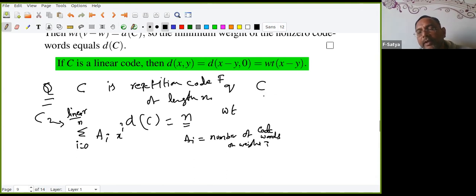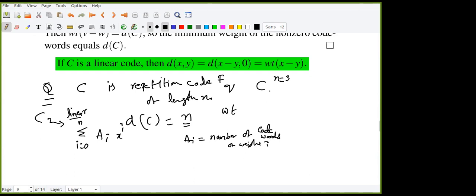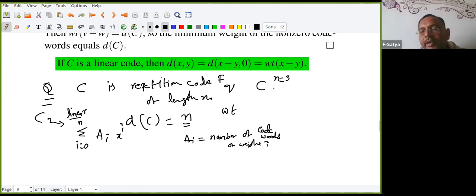What is the length of that code? Sonali did the last question in that. You remember? What is the length of the code for that? n is equal to 3, right? So how many code words are there of weight 0?